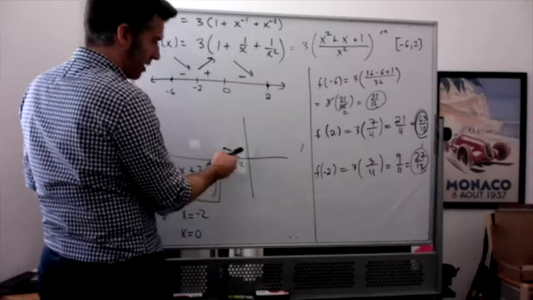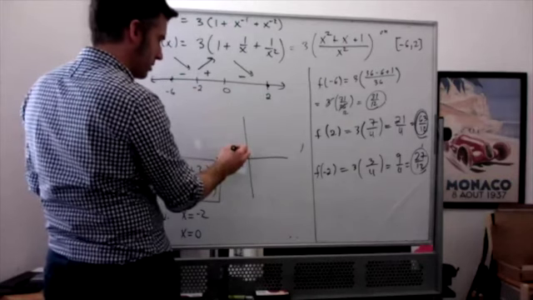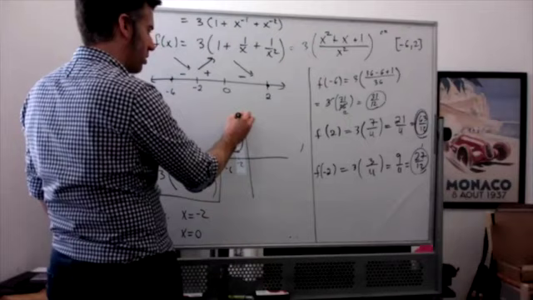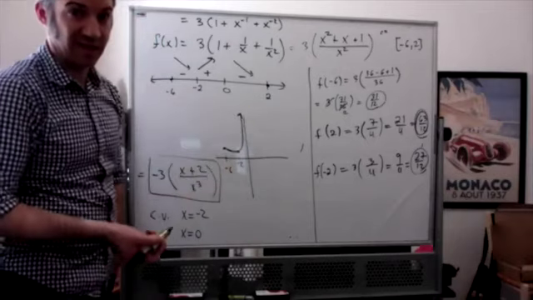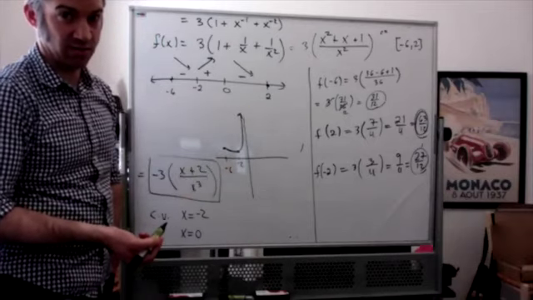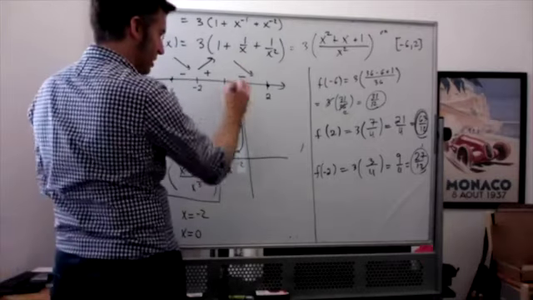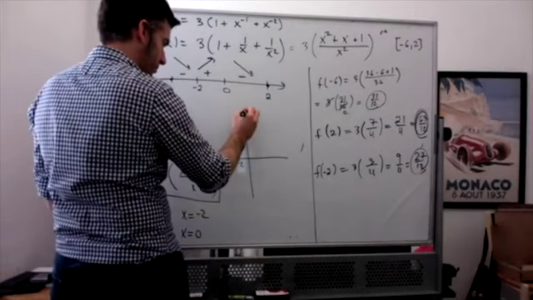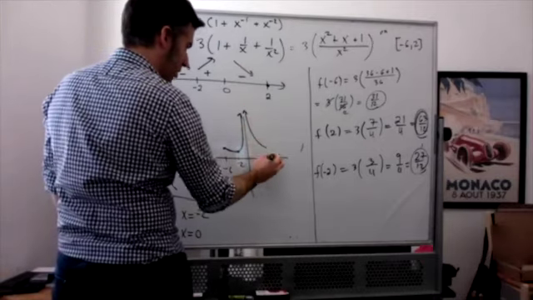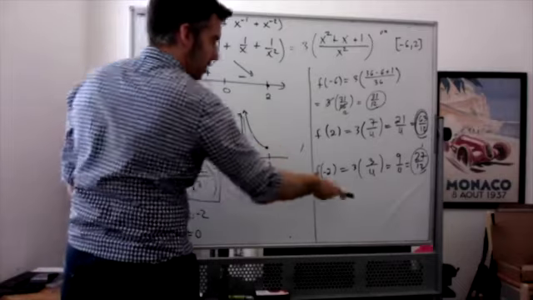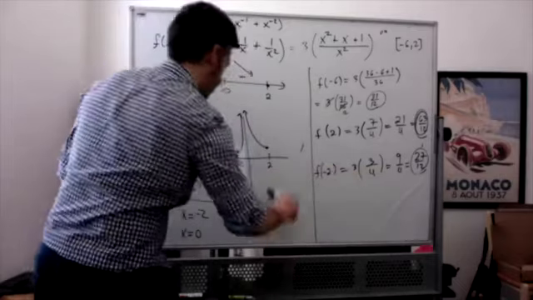And then after -2, it increases to infinity. So we have a vertical asymptote there. And then on the other side of 0, it decreases until we get to 2, which has a value of 27/12.